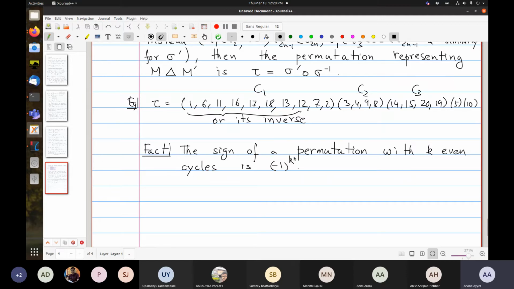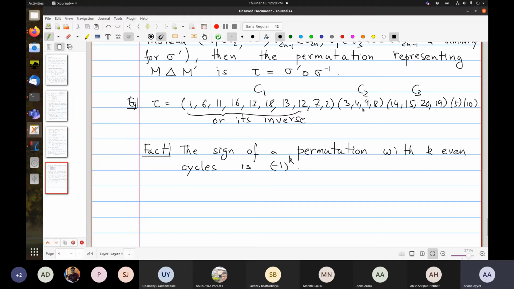The key reason is that in the cycle decomposition, you can think of this as a product of cycles. Remember, the set of permutations forms a group, and so tau is really C1 times C2 times C3, and the sign is a homomorphism, so it adds. An even cycle is obtained by an odd number of transpositions, and each transposition gives one sign.